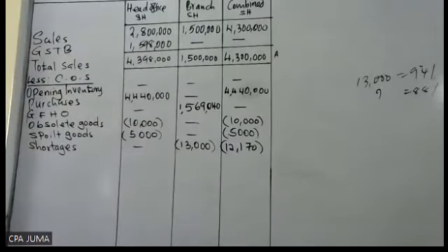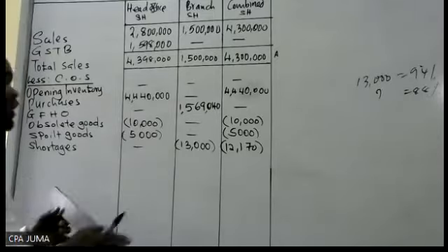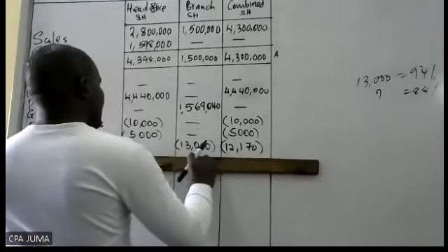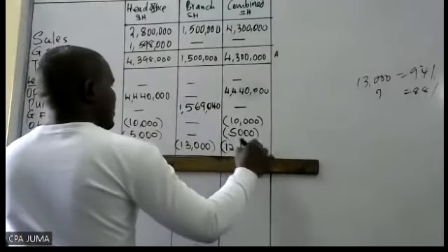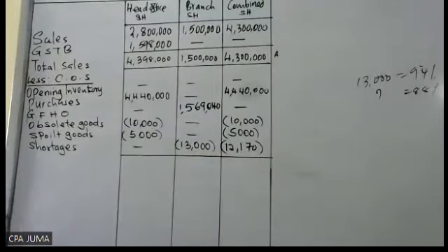So what is remaining is the cost of goods available for sale. So give me here cost of goods available for sale.